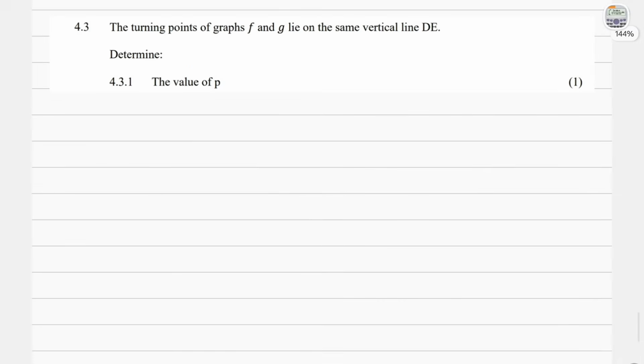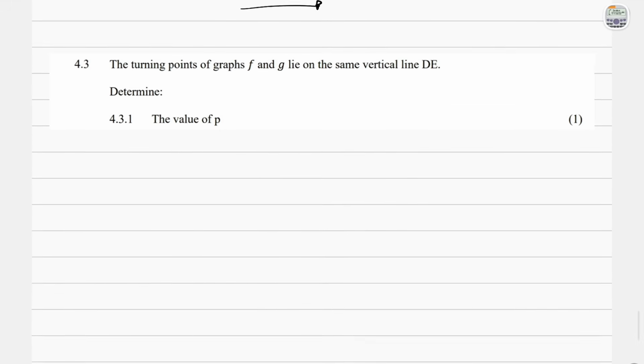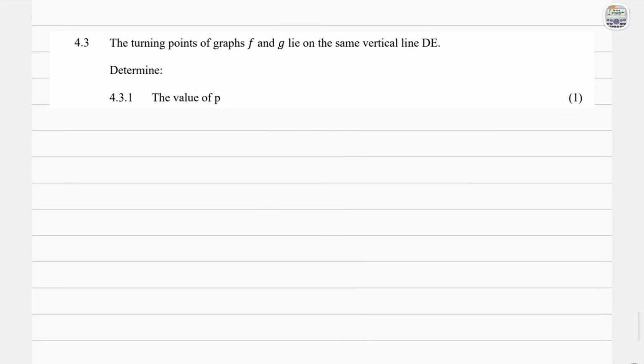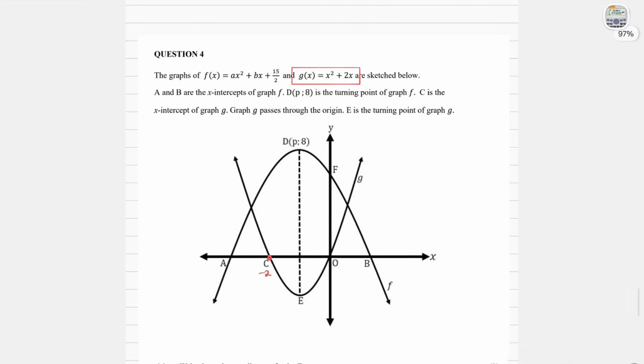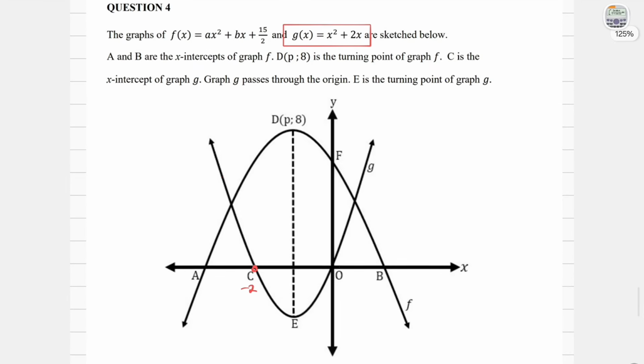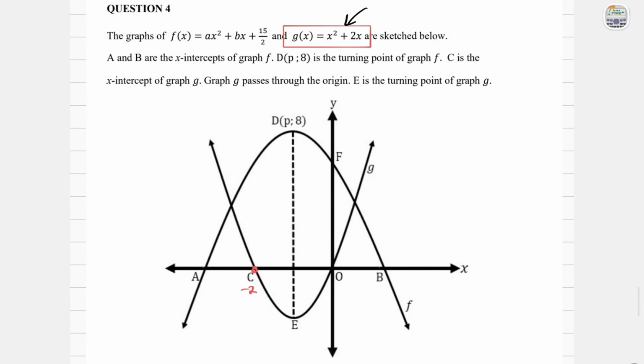Question 4.3 says, the turning points of the graphs of f and g lie on the same vertical line DE, like we saw. Determine 4.3.1, the value of p. So they lie on the same vertical line, but remember that g is complete. We have the full equation of g, so we can use g to find out exactly what p is.